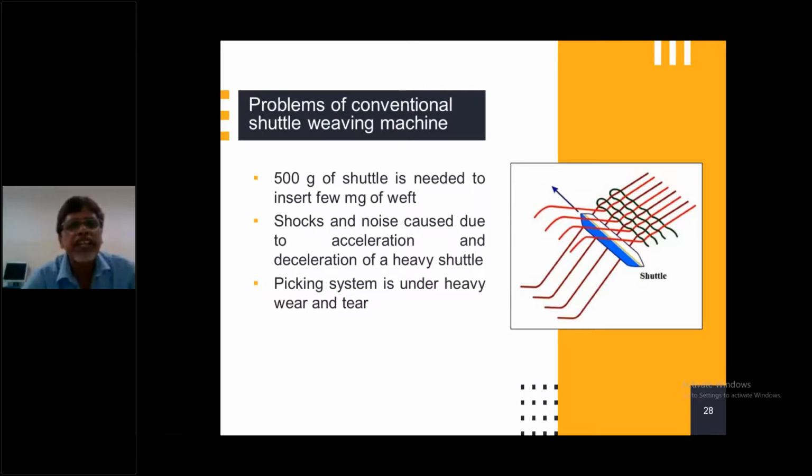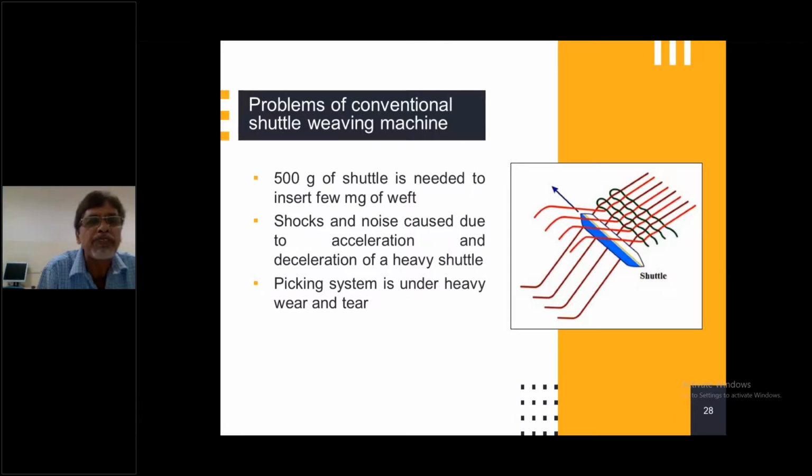The first problem is that to insert a few milligrams of weft, every time we accelerate and decelerate a huge mass of 500 grams.